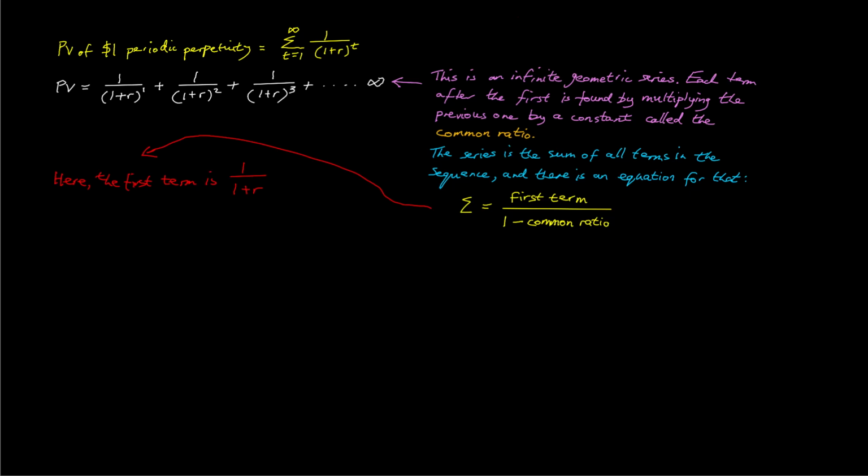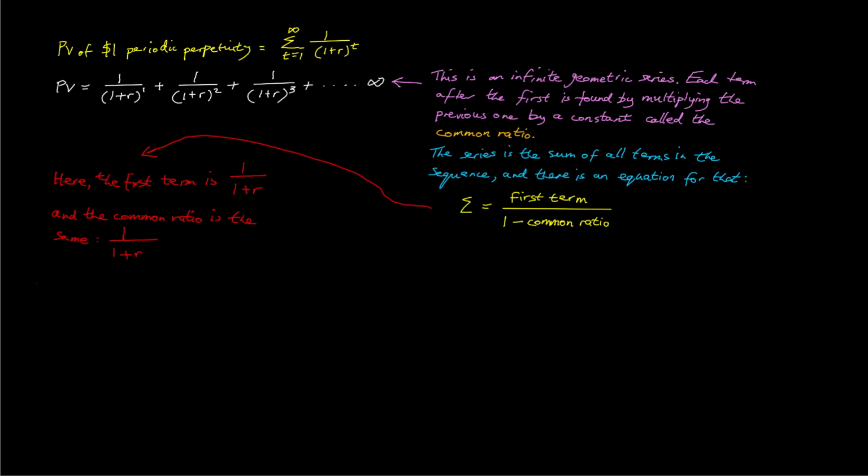Interestingly, in this particular example, and this is something that is most certainly not a generalization, we have our common ratio, which also happens to be exactly the same as the first term, which is 1 divided by 1 plus r.